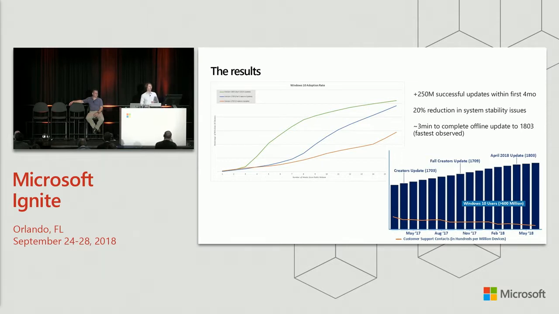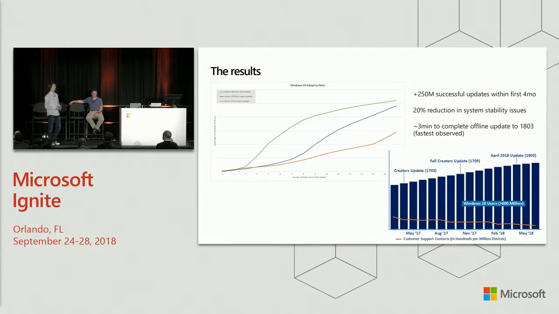And so for the very latest release, we were able to push out the fastest ever, within about 3 months, just a little over 3 months, we were able to successfully update, meaning few post-update health issues.